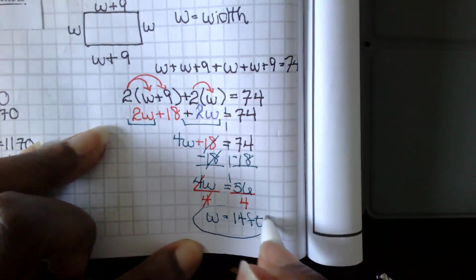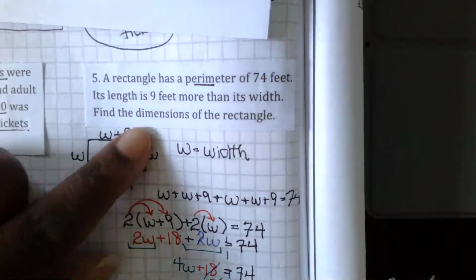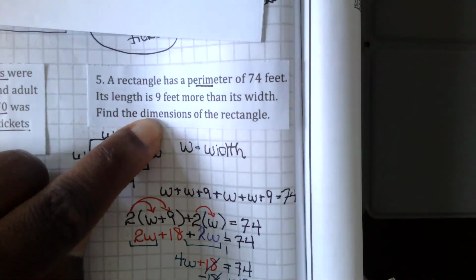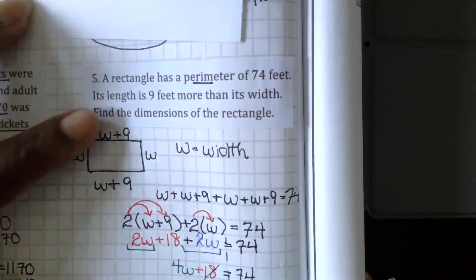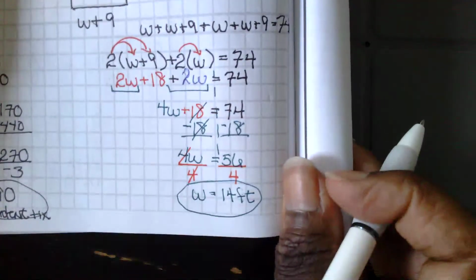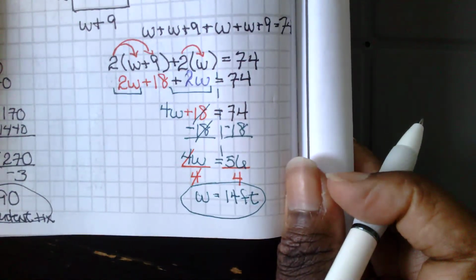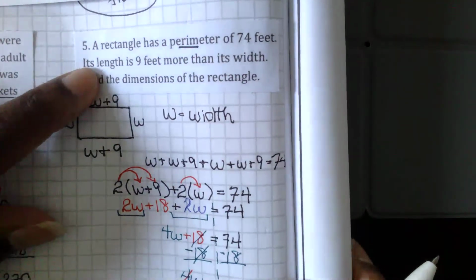Okay, that's 1. But we're not done. What do they want? They want us to find the dimensions of the rectangle. So they want you to find the length and the width. So we know the width is 14. Now we need to find the length. And remember what they said the length is?